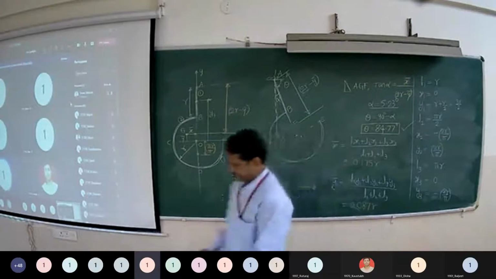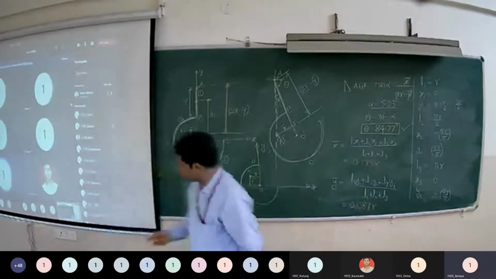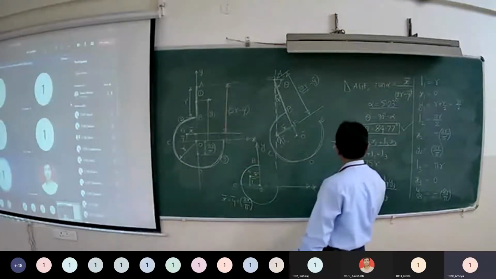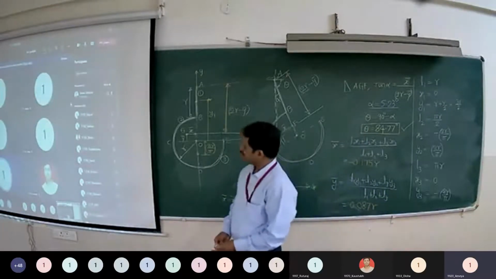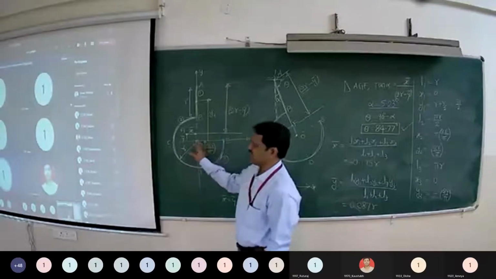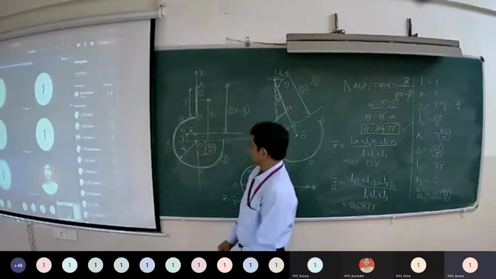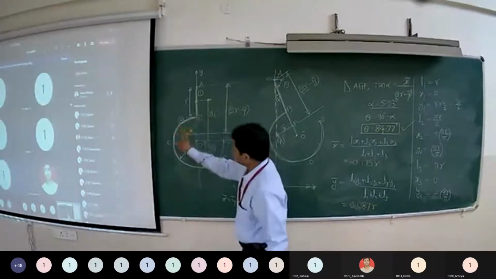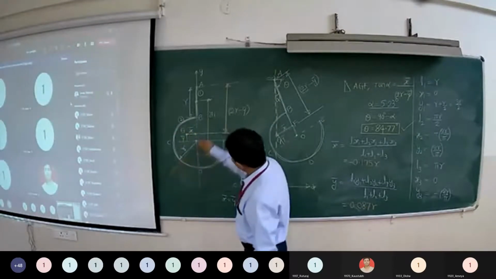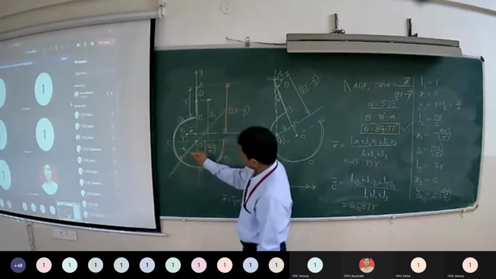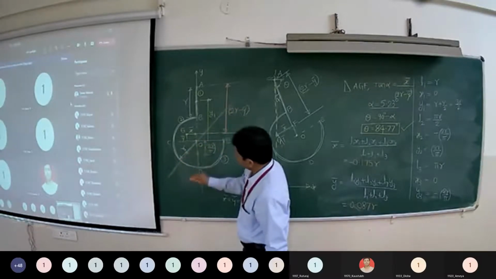Sir, is it possible to consider the entire arc as one part and use that r sine alpha upon alpha formula? It is possible, but it is a difficult process. You have to consider this entire thing as a circular arc. Then it is symmetrical about this line. Centroid will be located on the symmetrical axis.